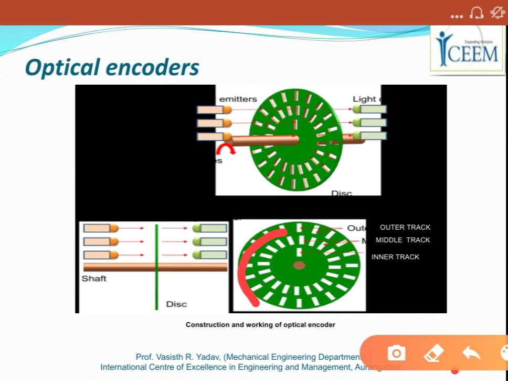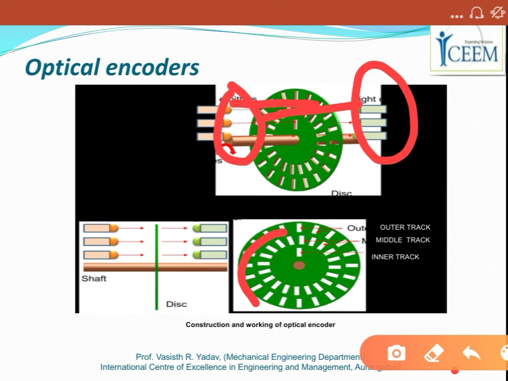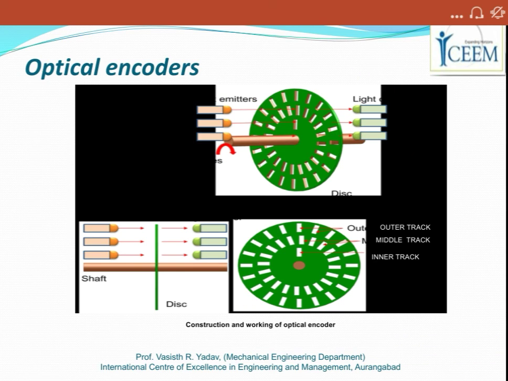What do these light sensors do? They sense the light passing through those holes and they generate electric pulses, and these pulses are measured, which actually gives the total displacement or the total rotations, in terms of angles or in terms of total rotations of the shaft on which the optical encoder is mounted, right?